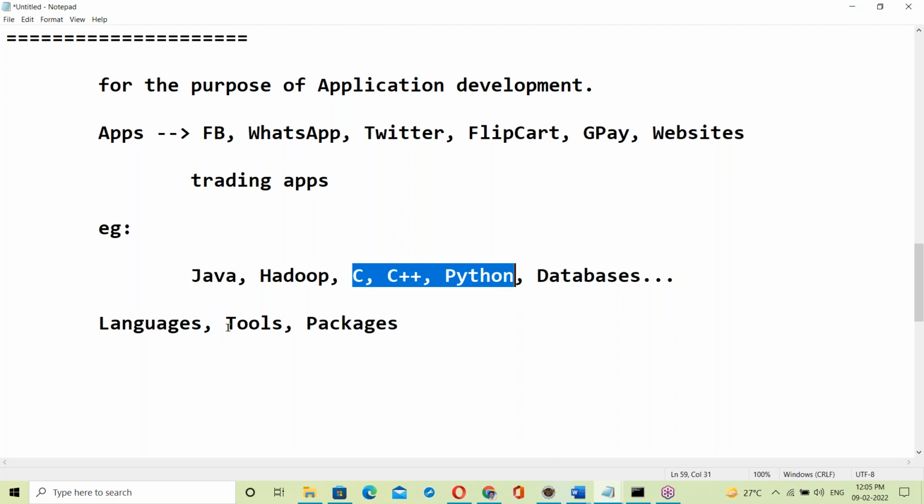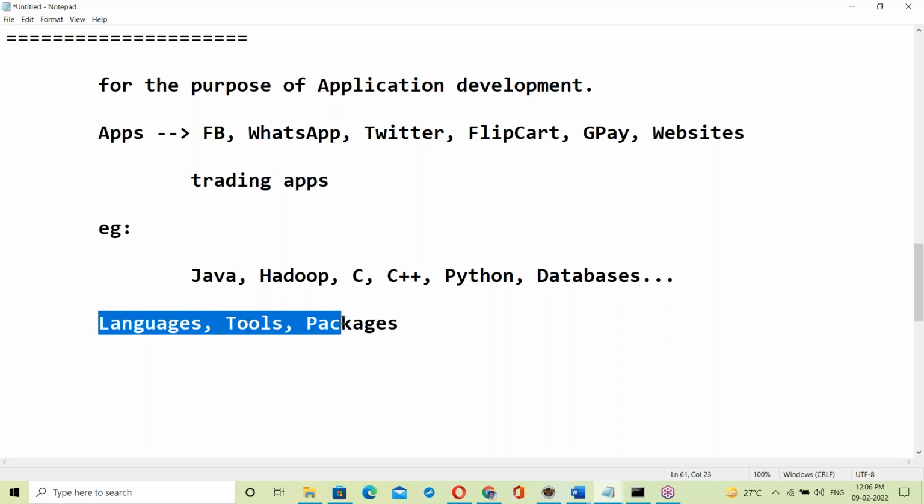Next, tools like warehousing tools, DevOps tools, AWS tools, testing tools, and reporting tools like QlikView and Tableau. Next, packages, some ERP packages like Tally ERP, Oracle ERP, SAP ERP. Different ERPs we are using. Languages, tools, and packages.